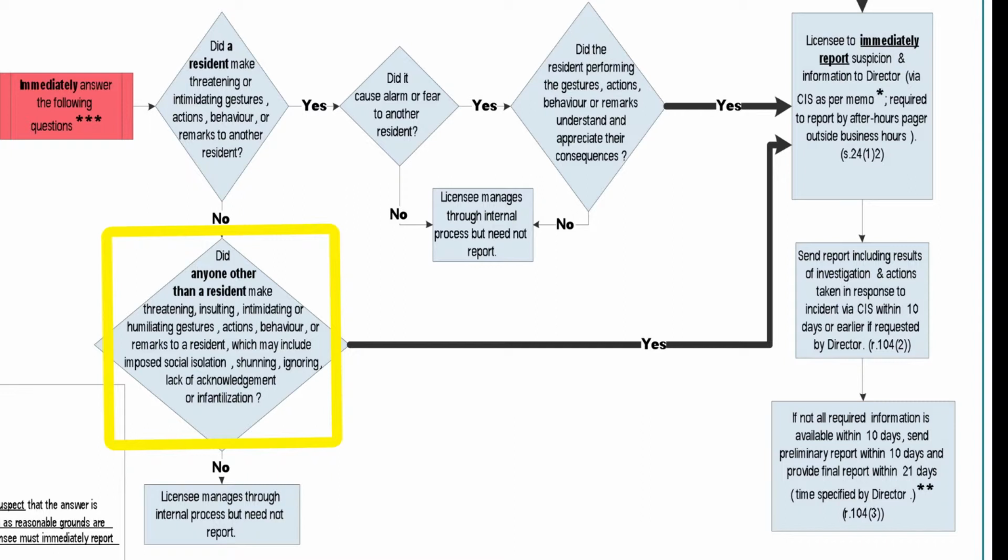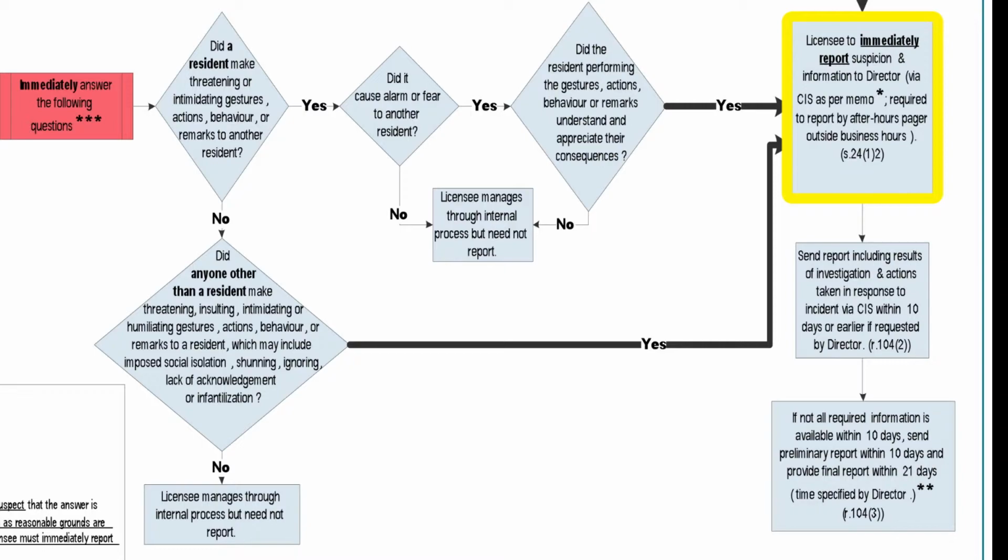So you see that the expectation of behavior is, of course, as it should be, higher. And therefore, if it's not a resident doing that, then immediately, and there are no ifs, ands, or buts about it, that would be reportable as emotional abuse.